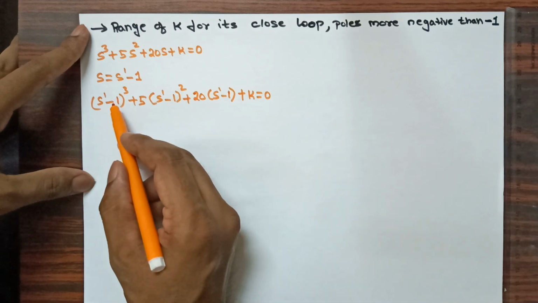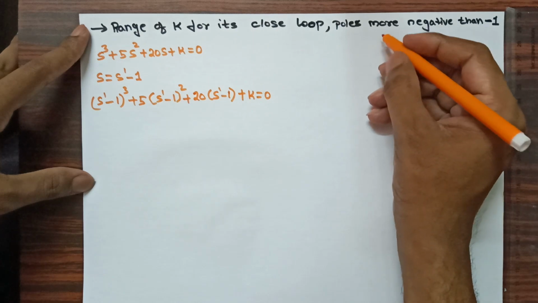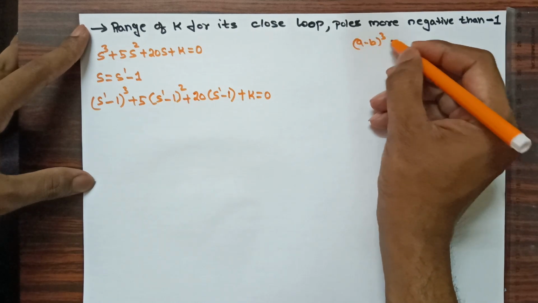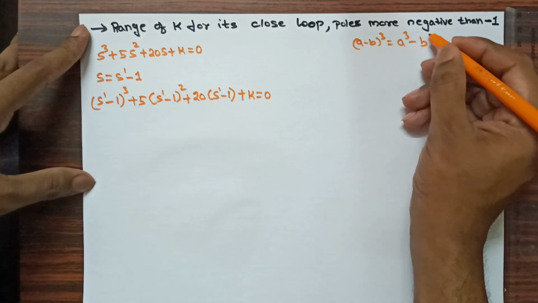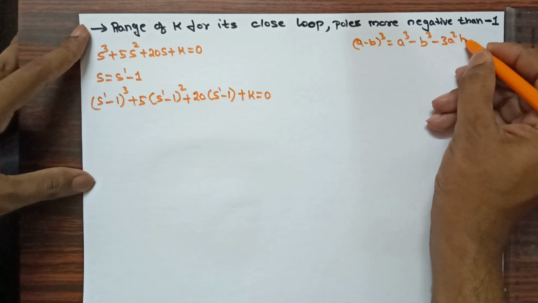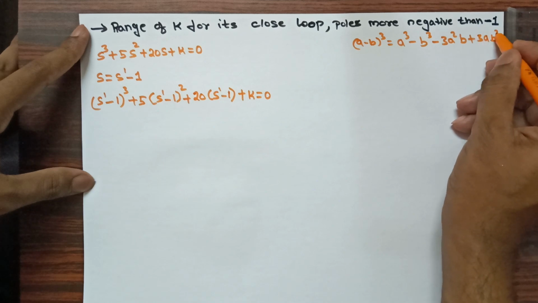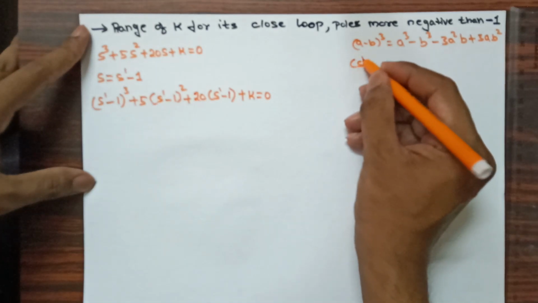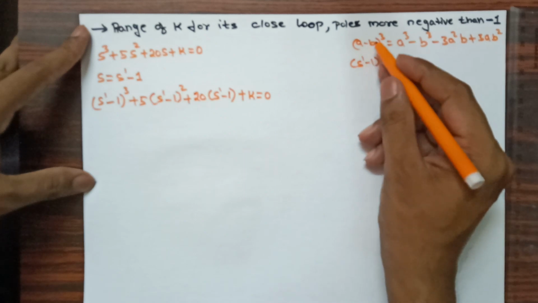Now I need to find (s dash minus 1) whole to the power of 3. For that we know (a minus b) whole cube is equivalent to a cube minus b cube minus 3a square b plus 3a b square. Now by taking this (s dash minus 1) whole to the power of 3, here a value is s dash, b value is 1.